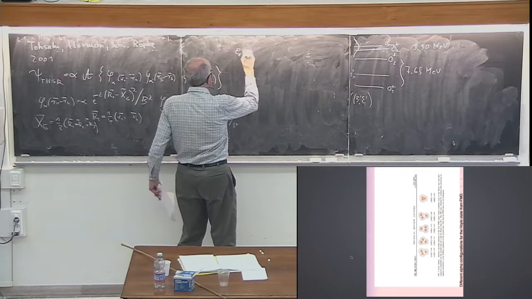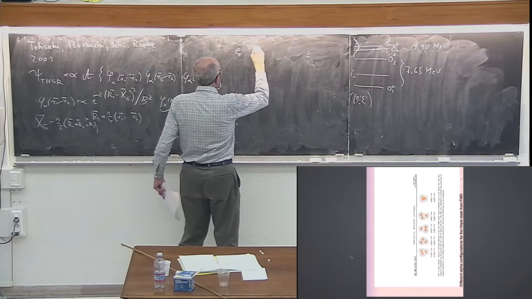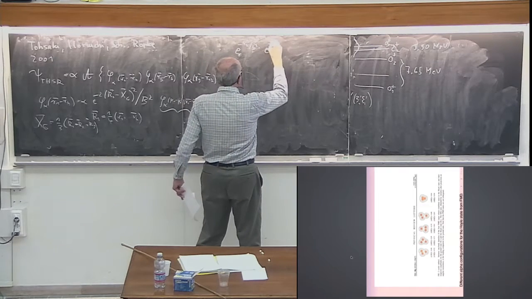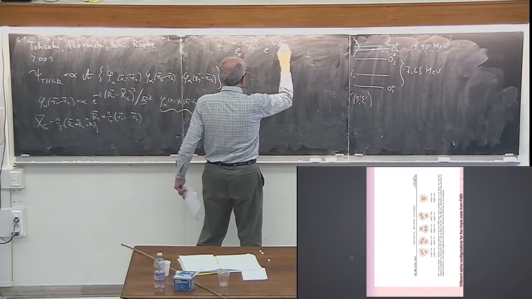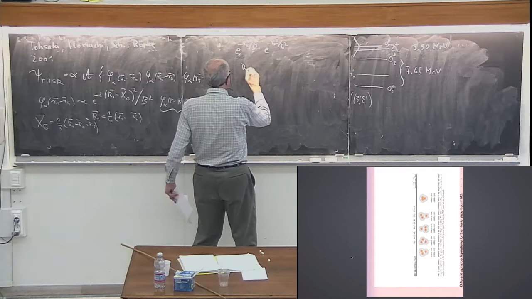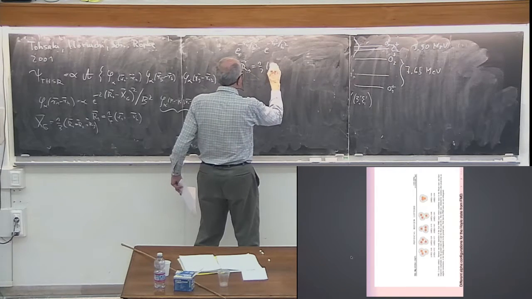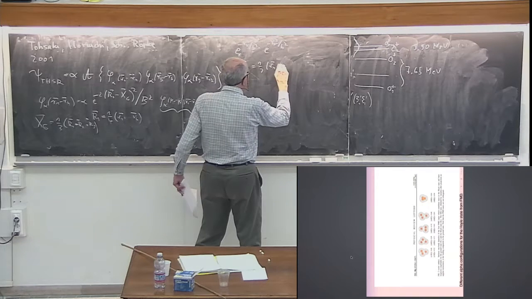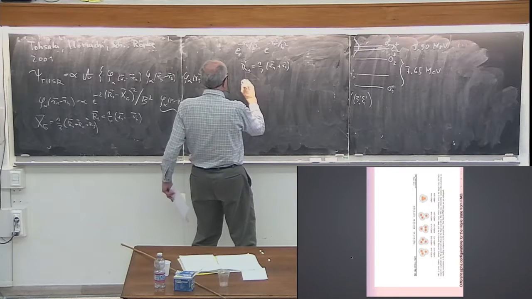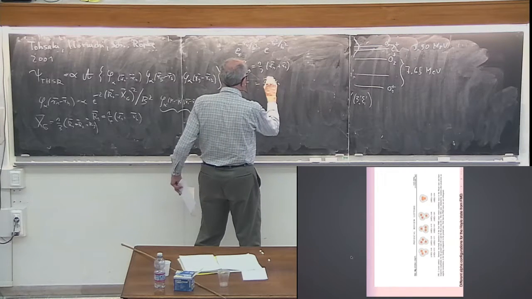You can see that in the following way. If you have two Gaussians, e to the minus R1 squared over b squared times e to the minus R2 squared over b squared, and if you introduce now center of mass coordinates, capital R is 1/2 (R1 plus R2), and let's say small r is R1 minus R2.